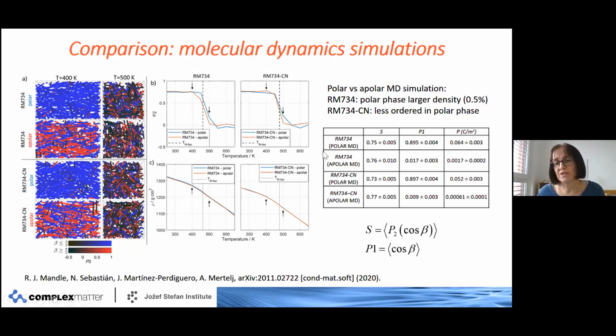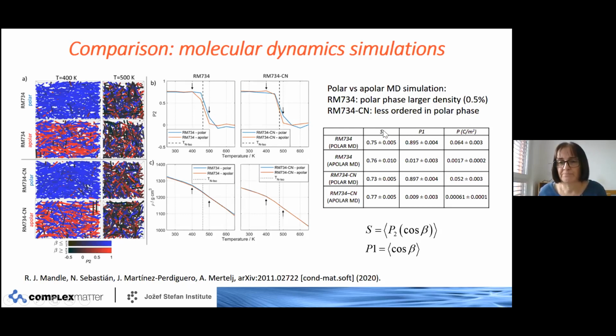One is that the polar phase of the RM734 material has a larger density, by about 0.5%, which shows that these molecules can pack better when they're parallel. And the other observation was that in the cyano material, the polar phase exhibits smaller orientational order.